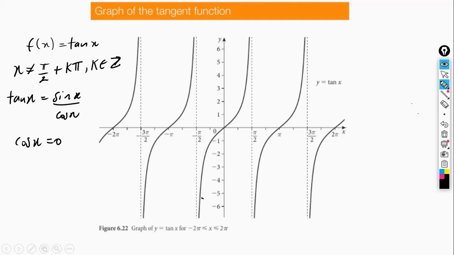You can see that here. Notice that as x approaches pi halves from the left, it becomes very large positively, and as it approaches pi halves from the right, it becomes very large negatively. So that means that tangent of x has vertical asymptotes at x equals pi halves plus multiples of pi.